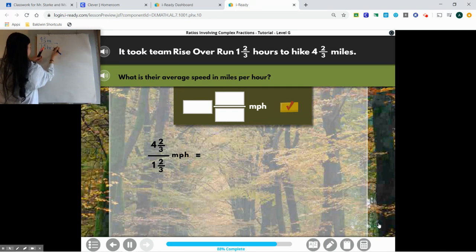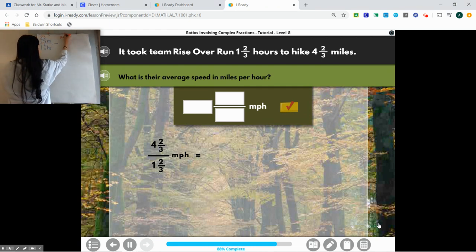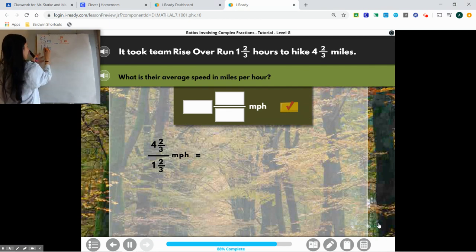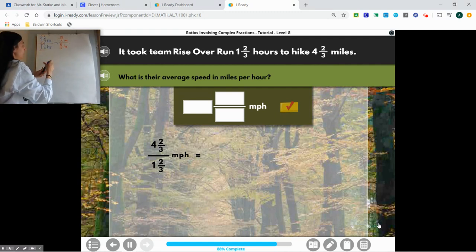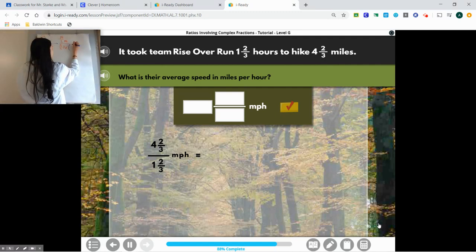If we turn this into improper fractions, 4 2/3 is 14 over 3 miles per 3 times 1, 3, plus 2, 5/3 of an hour. Now, we want to multiply by our reciprocal, so that will be 3/5.